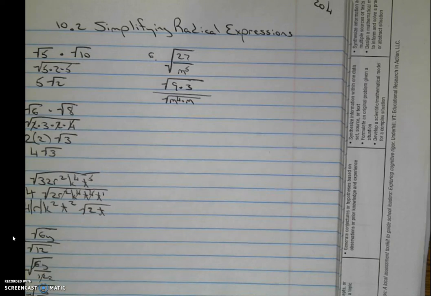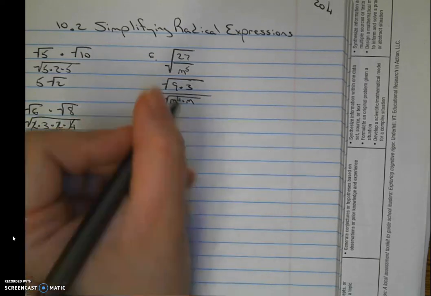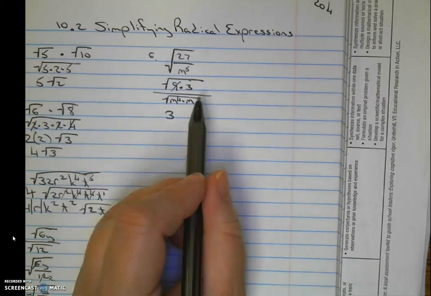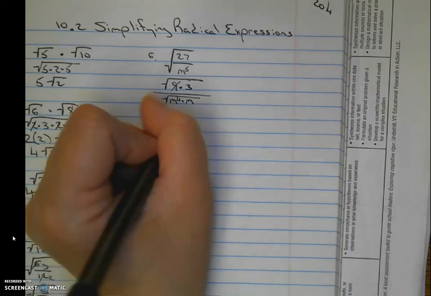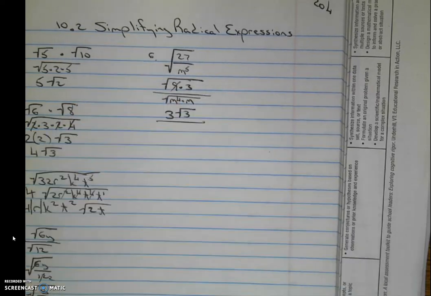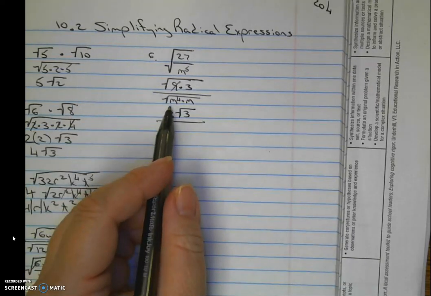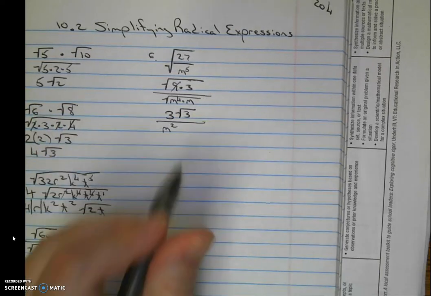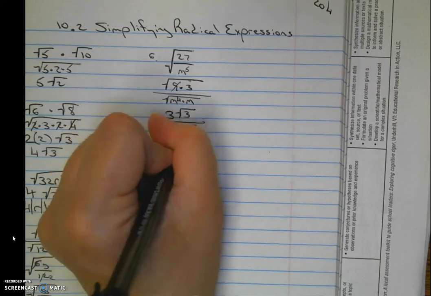What that gives us? Square root of 9 is 3. Done. Square root of this 3 is stuck. Over. Square root of m to the 4th is perfectly good as a m squared. The square root of m is stuck.